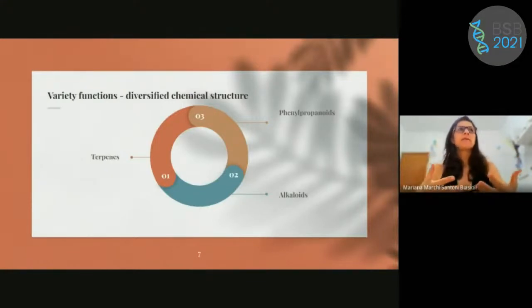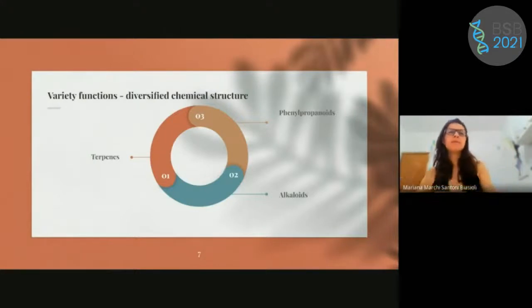where they are going to be produced and when they are going to be produced, is usually organ, tissue, cell, and also development specific, indicating that many transcription factors must cooperate to transcribe secondary metabolism genes.